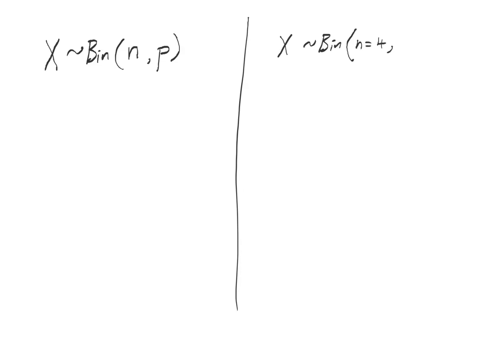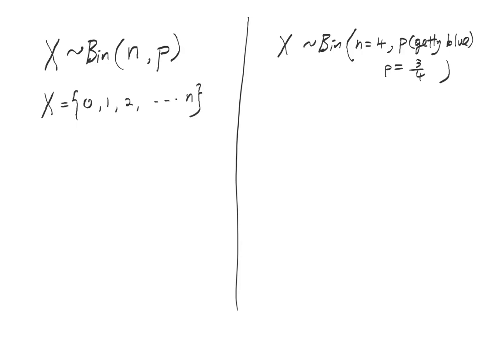Then the probability of success is getting blue. So in our case here, p is equal to 3/4. So that is how you list out. So you have to list out the possible values for X: 0, 1, 2, until n. For our case here, 0, 1, 2, 3, 4.